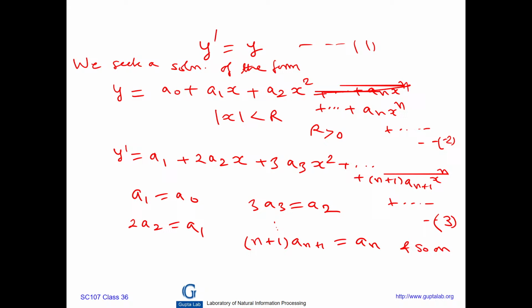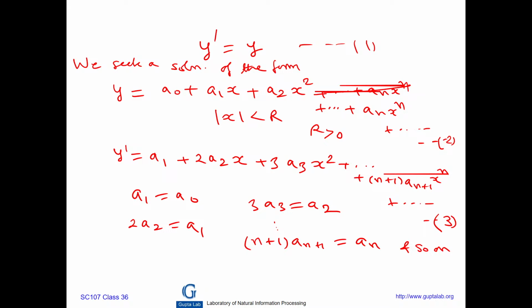What about a3? a3 will be a naught by 3, and then you can use the value of a2, so it is a0 by factorial 3, correct? a4 is a0 by factorial 4, and so on.